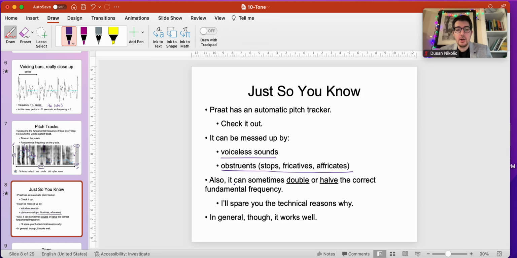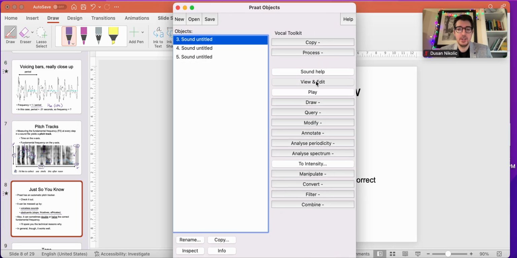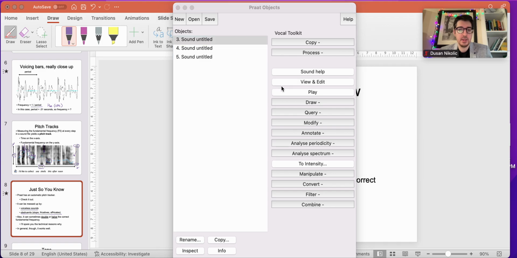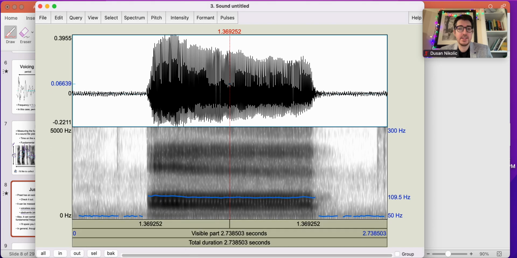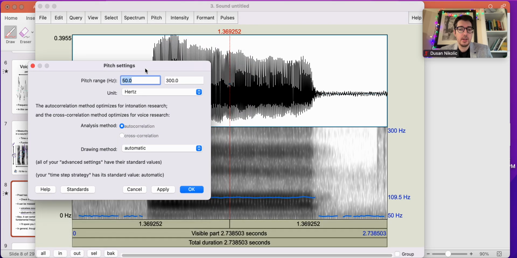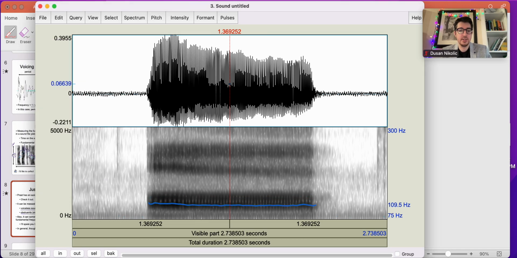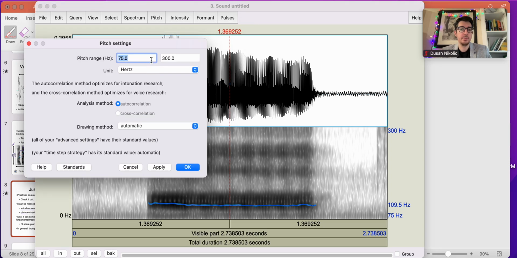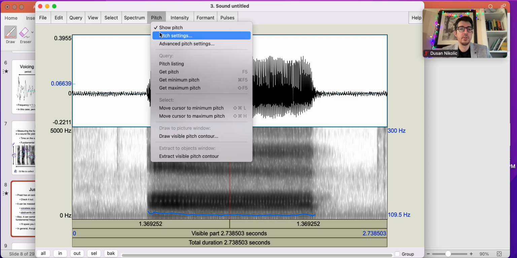Now, also, as I said, sometimes Praat can double or halve the correct fundamental frequency. I think you saw it. I showed it to you by accident, but you saw it here. So for this one, if I do not set the pitch settings properly... for this one it's good, 50 and 300. If I set it to 75 hertz, it's still good. Let me set it to 100 hertz. Wow, still good, nice.